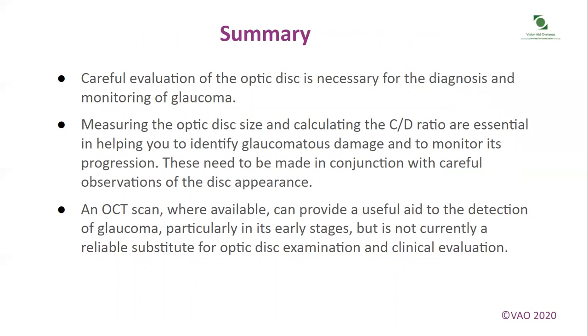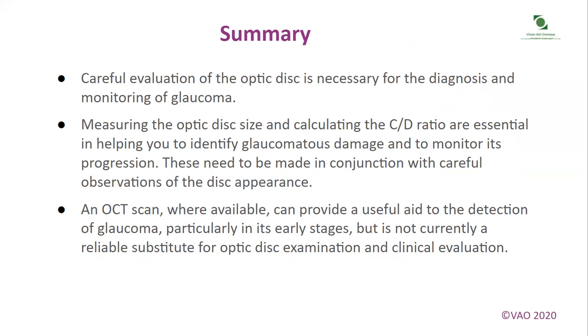So in summary, careful evaluation of the optic disc is necessary for the diagnosis and monitoring of glaucoma. Measuring the optic disc size and calculating the cup-to-disc ratio are essential in helping you to identify glaucomatous damage and to monitor its progression.